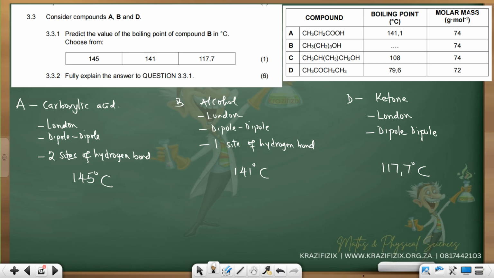Fully explain. I kind of explained already. Do you know what I've done? I have done the first one. Identified. Now compare.